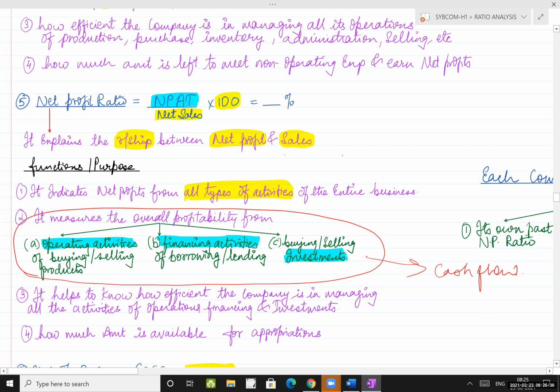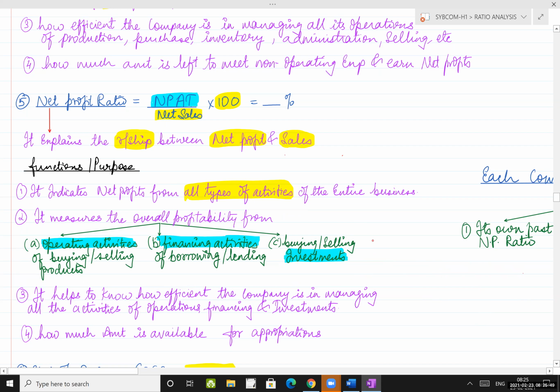When I do cash flow with you, that time I will explain these three activities in detail, because sums in cash flow are based on these three activities. I'm just giving you a very short introduction to all types of activities. Understood? Clear, everyone? Acknowledge it in the chat box.